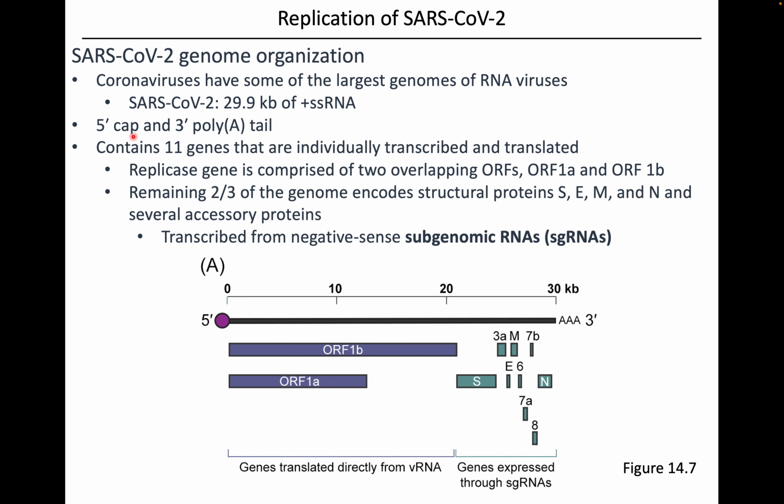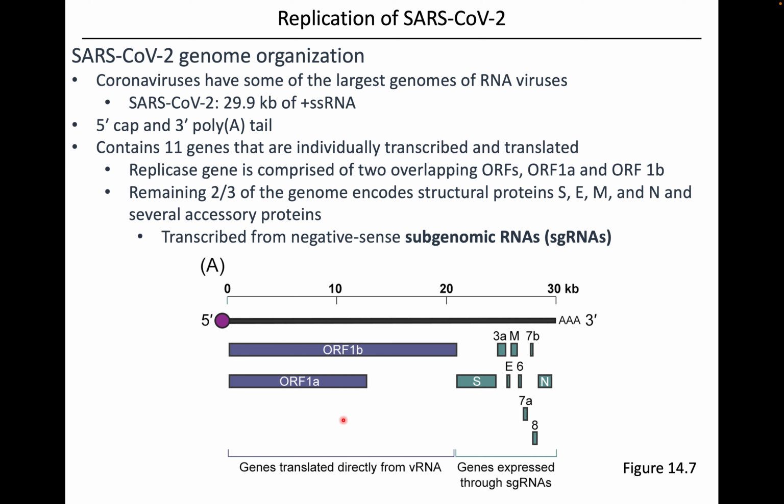So if we want that to happen, we need a 5' cap and 3' poly A tail, which we've got here. And it turns out part of the genome is going to get translated initially, immediately. Part of it is not. Part of it's going to be transcribed from these subgenomic RNAs that are going to be produced a little bit later in the replication cycle.